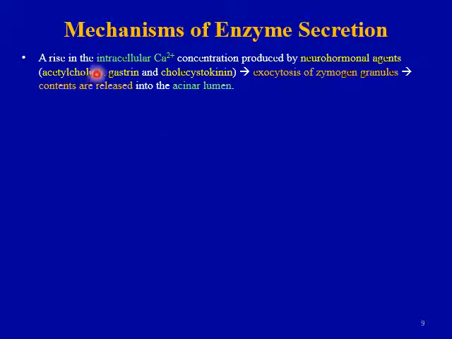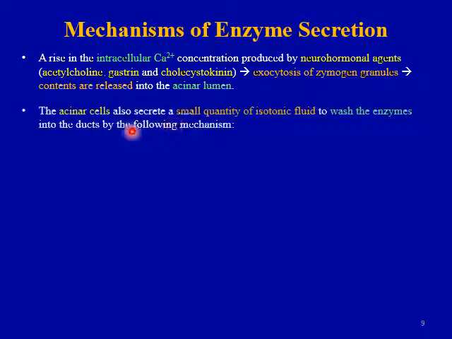A rise in the intracellular calcium concentration produced by neurohormonal agents like acetylcholine, gastrin, and cholecystokinin will lead to the exocytosis of zymogen granules. The contents of the zymogen granules, and these are enzymes, are released into the acinar lumen as we have seen in the previous slide.